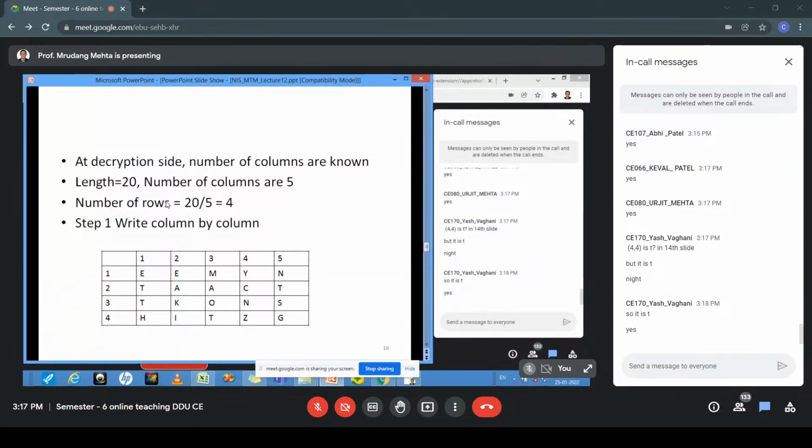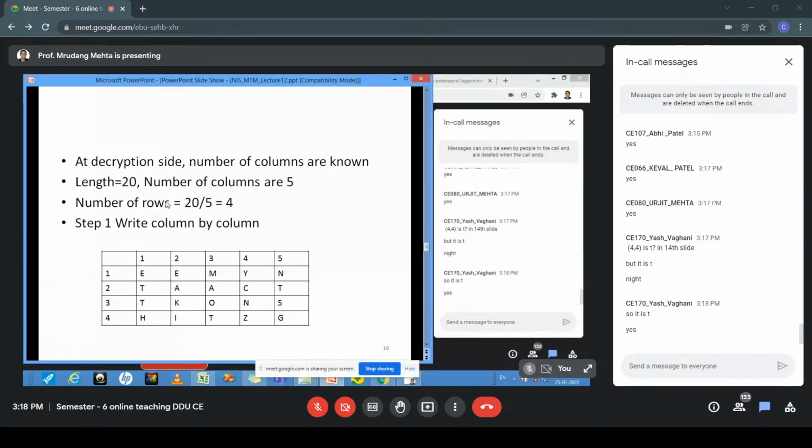This is decryption. At the time of decryption, we receive this as a ciphertext. The ciphertext has to be arranged in a proper manner, and that manner is to put it column by column: ETTH, EAKI, MAOT, YCNZ, NTSG.